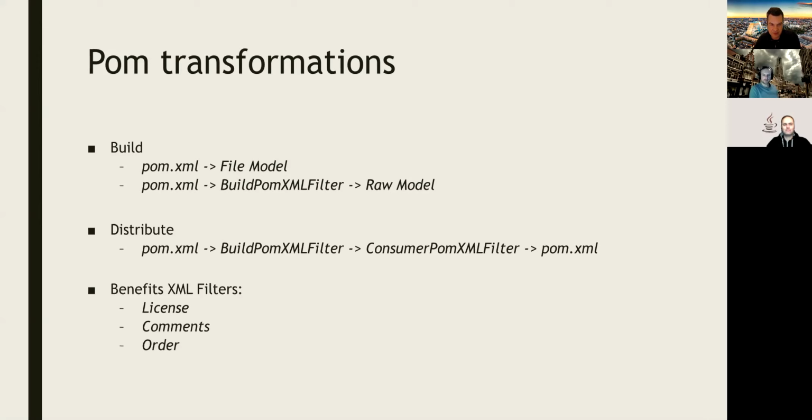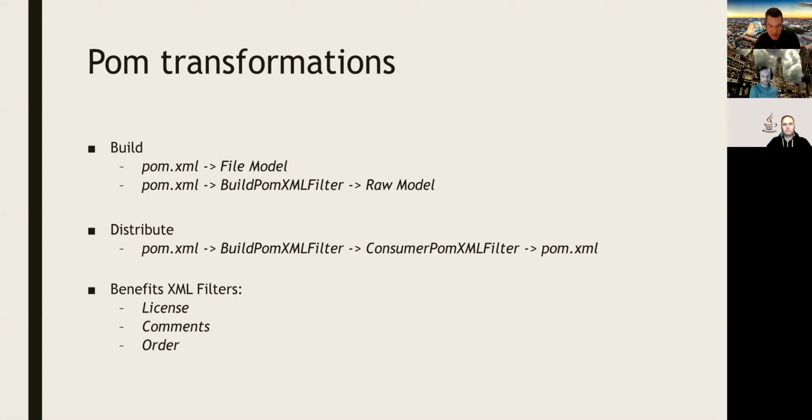And why are we using XML files? One of the things is the license. If you take a look at what we do at the Apache Software Foundation, every POM file starts with a license, but it is written as an XML comment. And if you would do normal streaming of this file, you would lose this information.